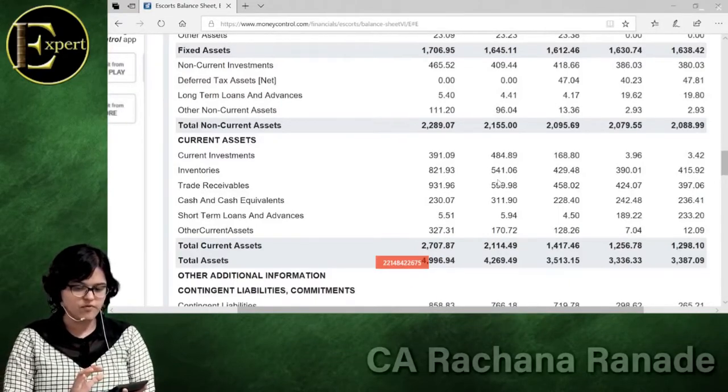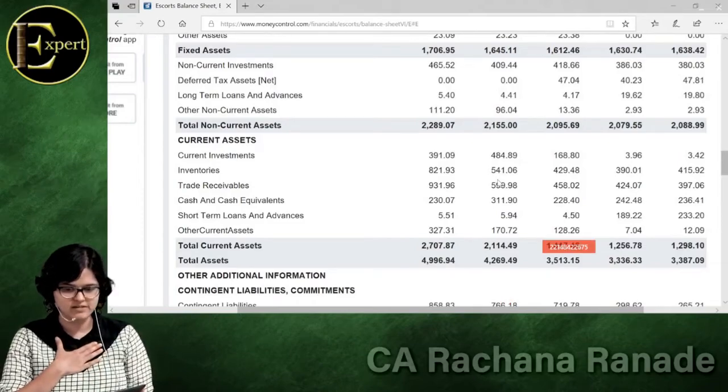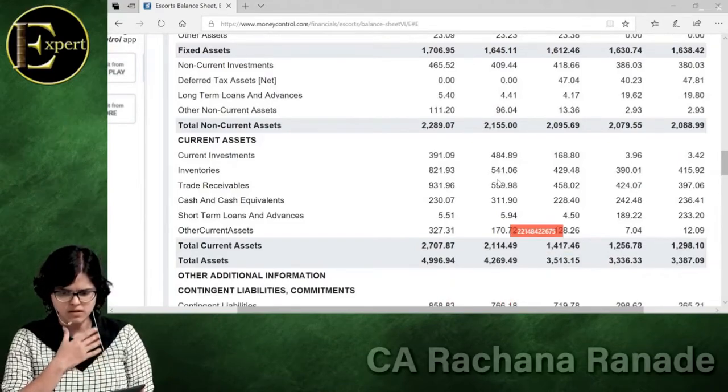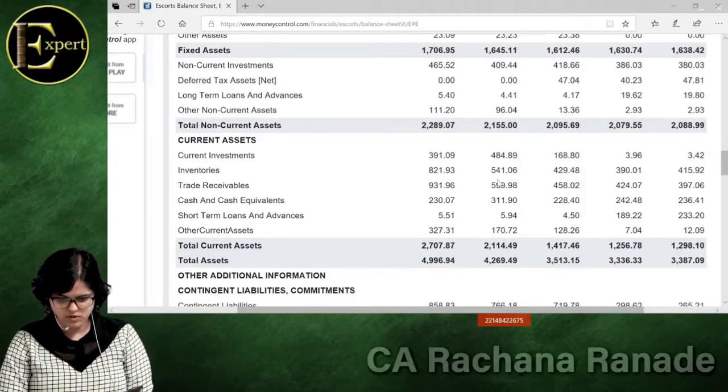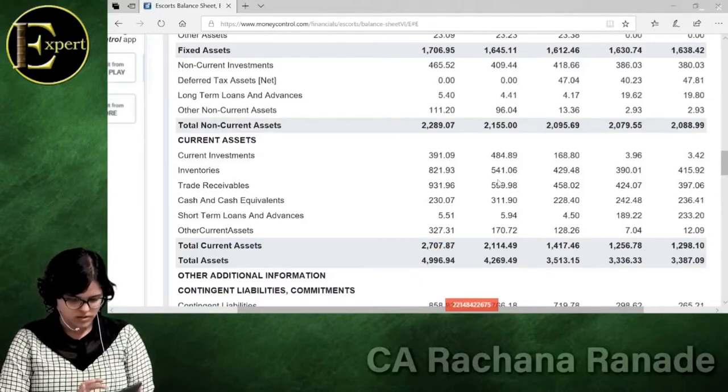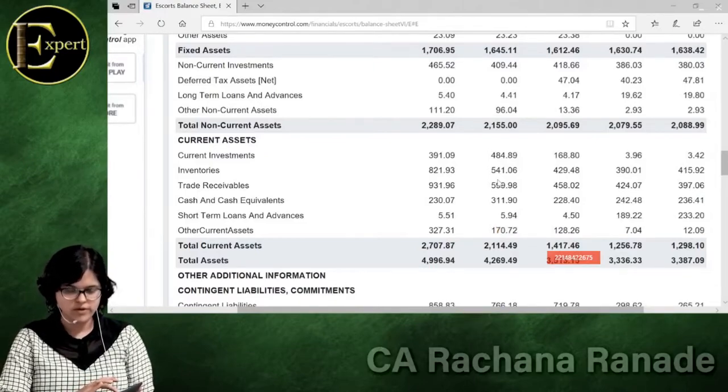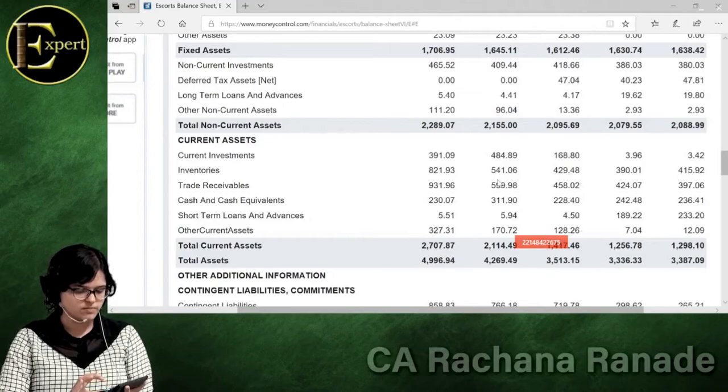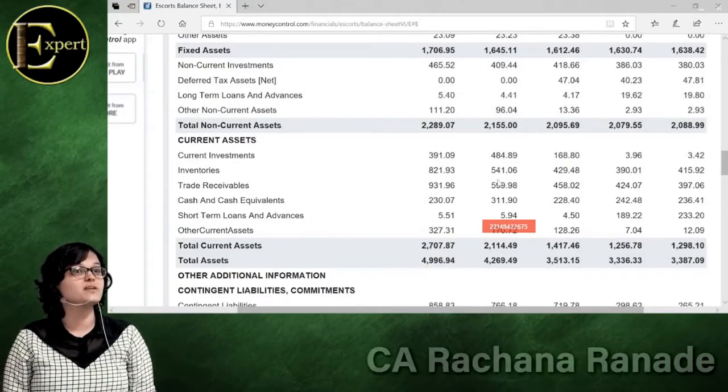It's like 51% increase. How can it be so much? Something has gone wrong. 821.93 minus 541.06 divided by 541.06. 52% increase in inventory.